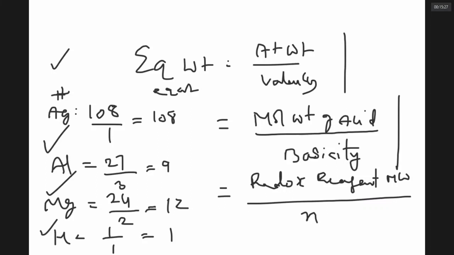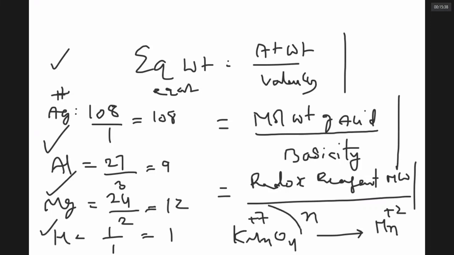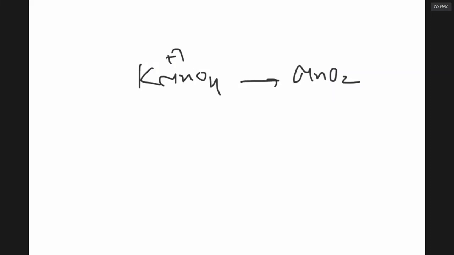For a redox reagent like KMnO4, manganese is +7. Suppose the KMnO4 is becoming Mn+2, then the equivalent weight in this case is molecular weight of permanganate by 5. If the KMnO4 is becoming simply MnO2, +7 is becoming +4, then the equivalent weight of permanganate is molecular weight by 3.